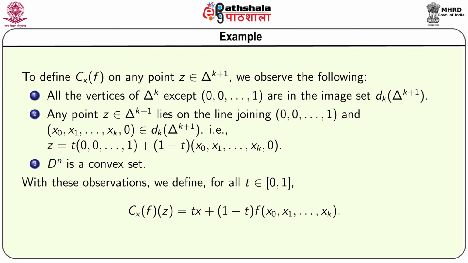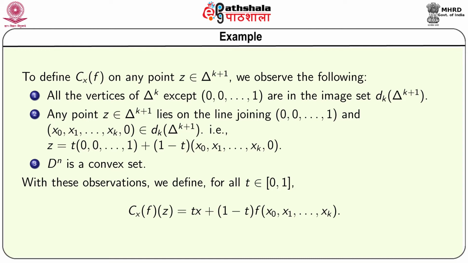To define Cxf on any point z belonging to delta k+1, we must observe that all the vertices of delta k except the one having 1 in the last component are in the image set, the boundary of delta k+1.